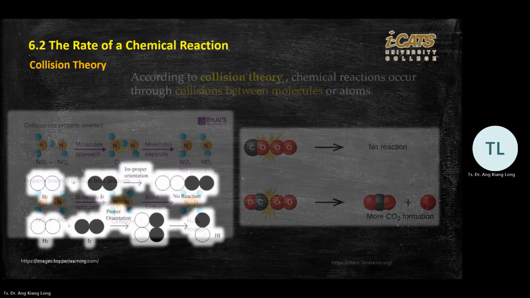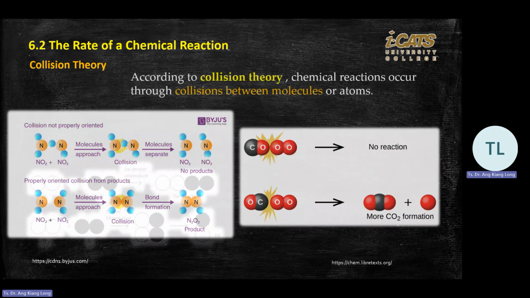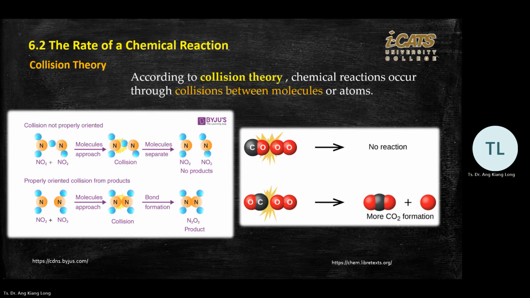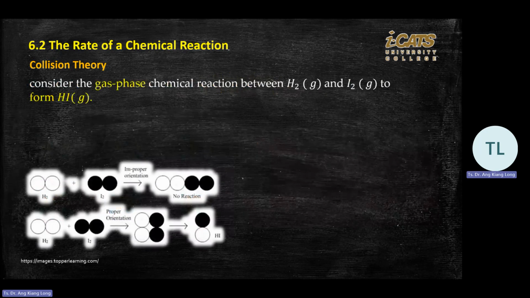Okay, so sometimes the question will ask you to draw something to explain. You can either use the one that I show on the slide here, or this one. Actually it's the same, because in the exam you don't have color, so you just represent with white color and black color.